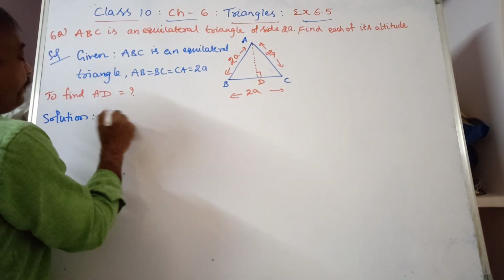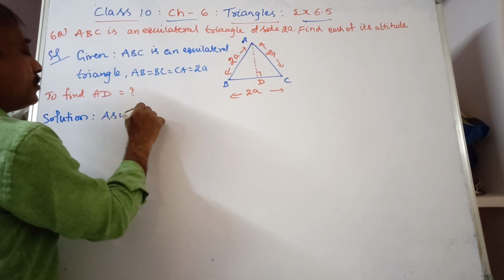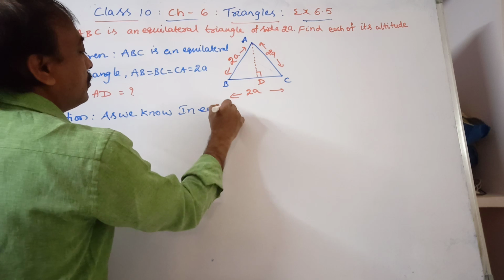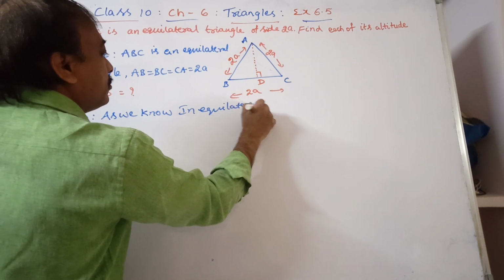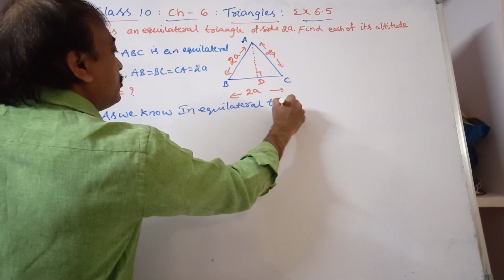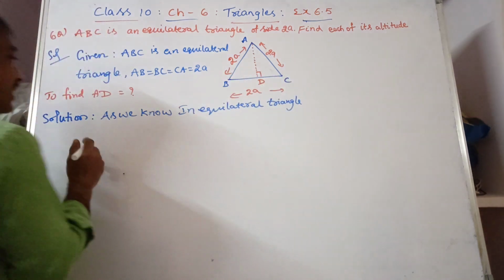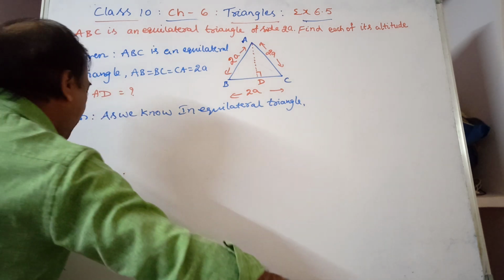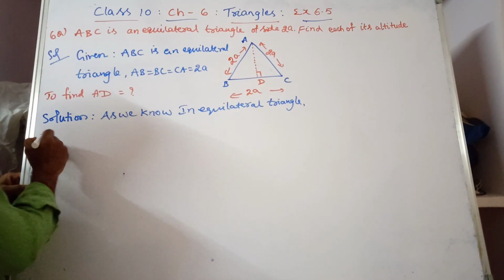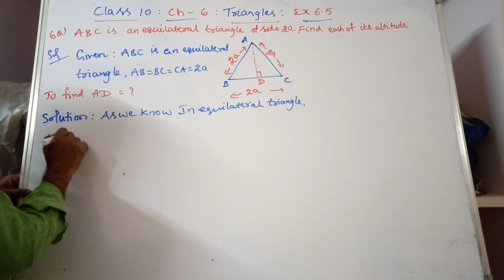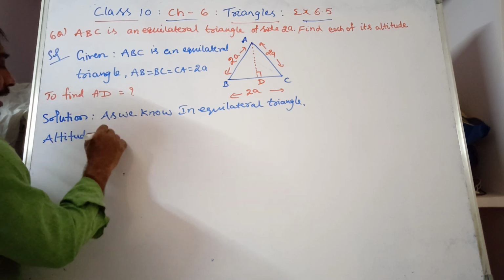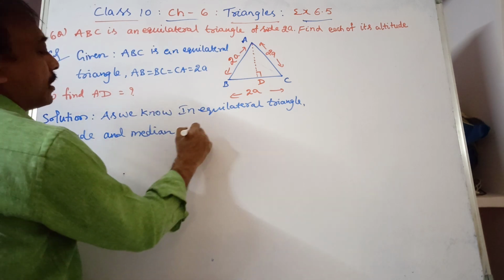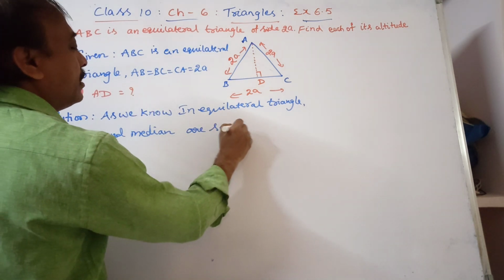As we know, in an equilateral triangle the perpendicular altitude and the median are the same.